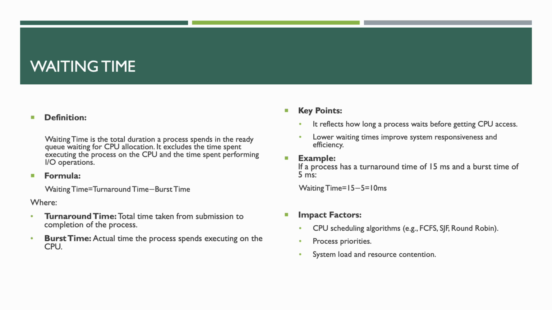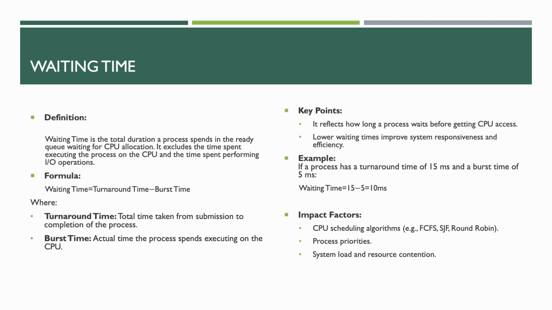The formula for calculating waiting time is turnaround time minus burst time. So where turnaround time is the total time taken from process submission to completion, and burst time is the actual time the process spends executing on the CPU.